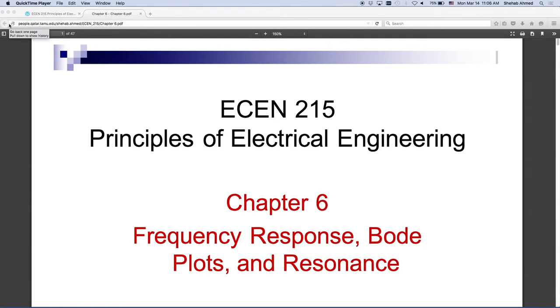And resonance is a property in any physical system where an input stimulus can change the output significantly at a certain frequency.